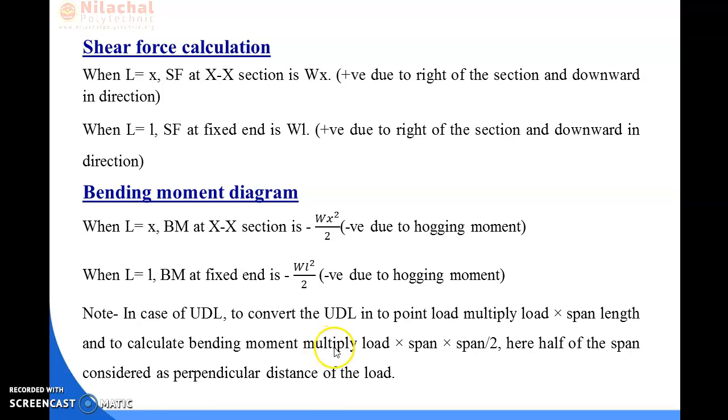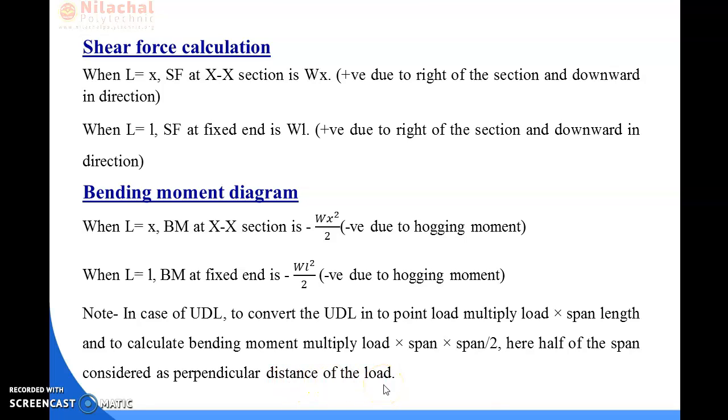The formula is load into span by 2, where half of the span is considered as the perpendicular distance of the load.